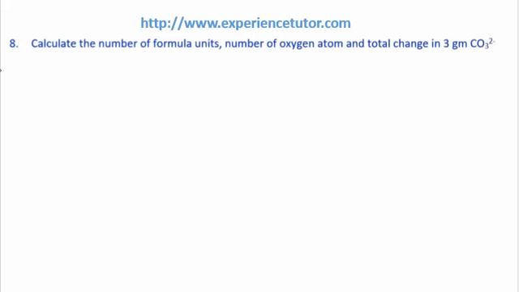Our next question is calculate the number of formula unit, number of oxygen atom and the total charge in 3 gram of carbonate ion.